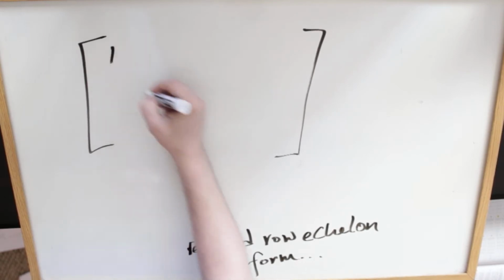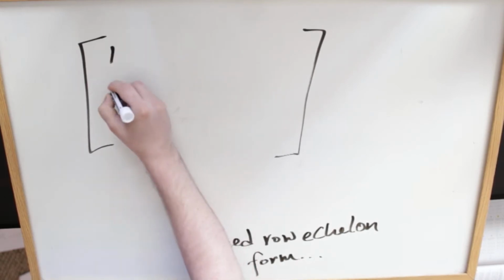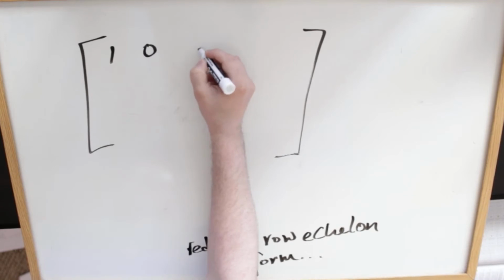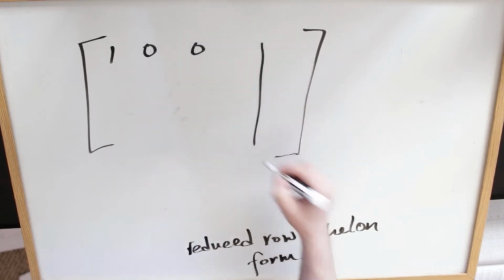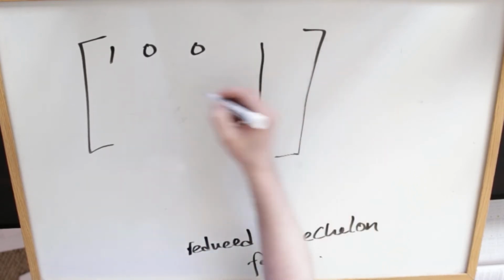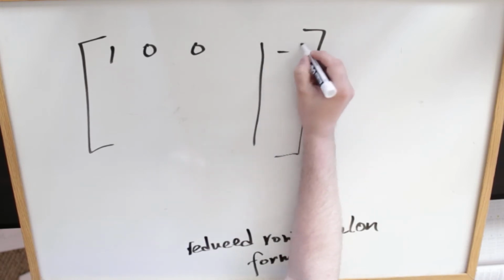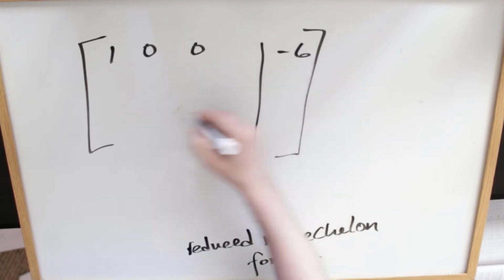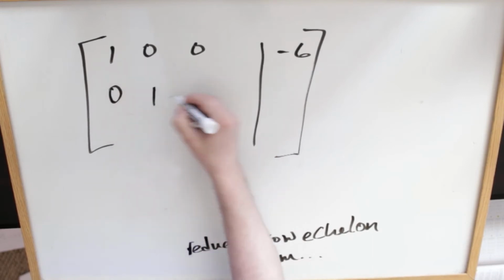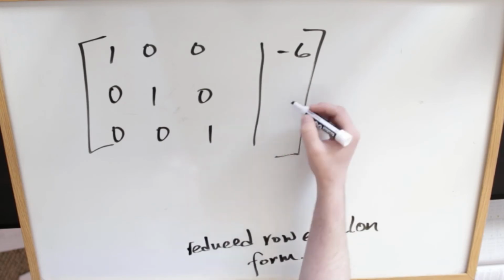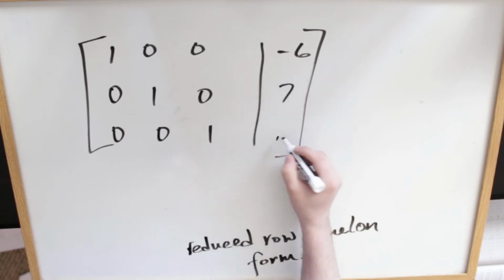So you'll have 1, we'll do 0, 0, and we're gonna do an augmented matrix here. These will be square. We'll make this a -6. We'll make this a 0, 1, 0, 0, 0, 1. I'll make this a 7, and this is going to be an 8.